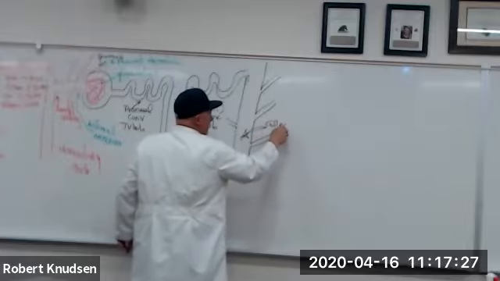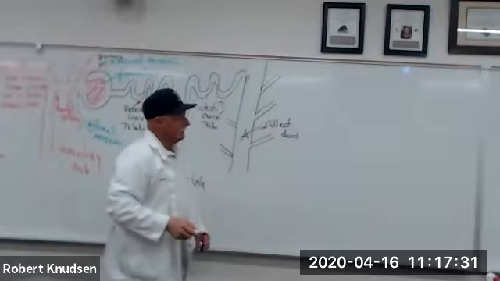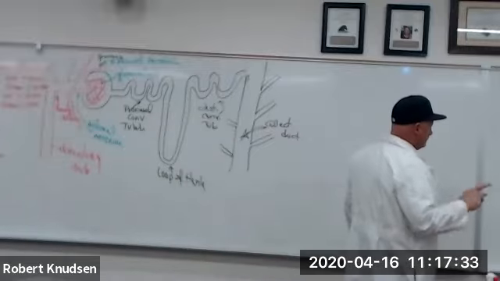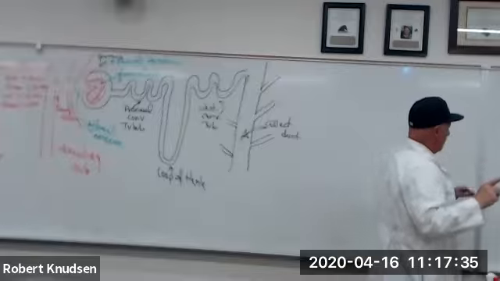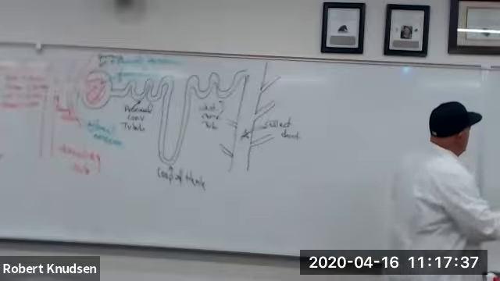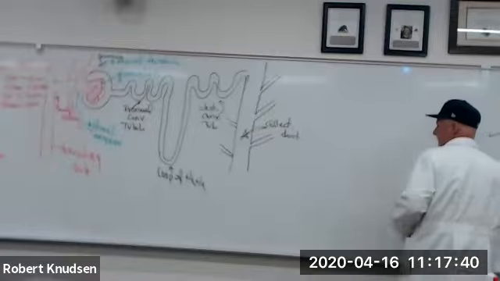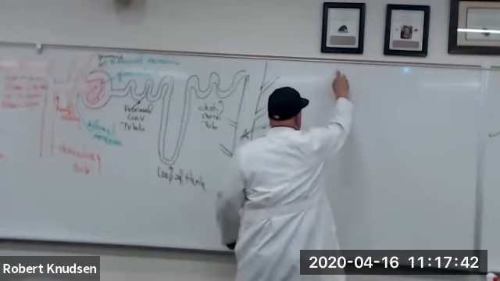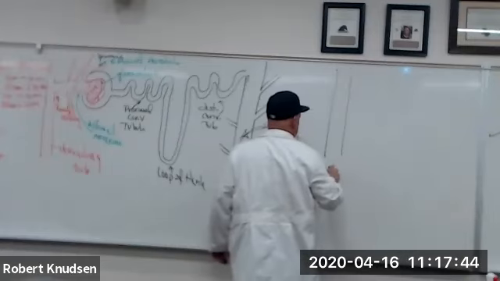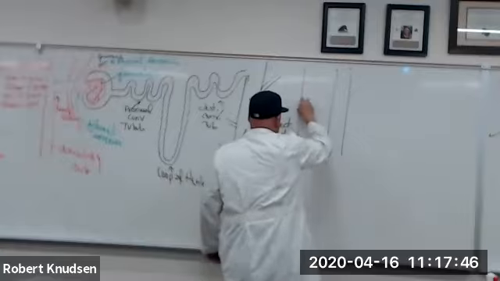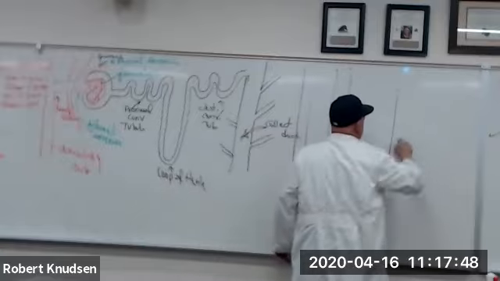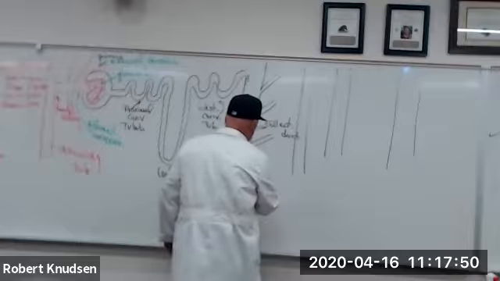Collecting duct. Okay. I want to jump. I'm here, collecting ducts. And these collecting ducts, there's another collecting duct over here. Okay, there's another one here. There's another one here. And they all join.